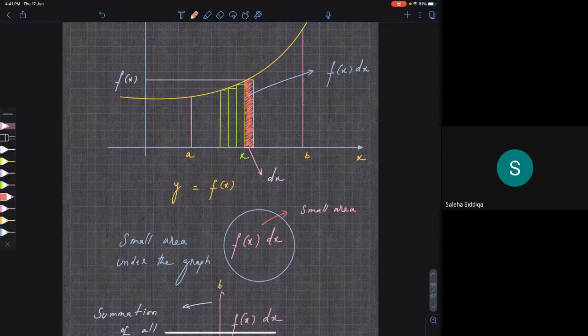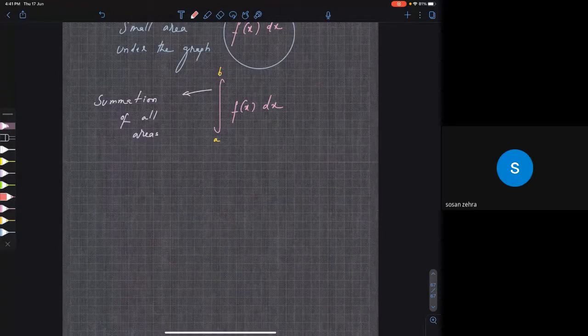This integral. So let me just write down.